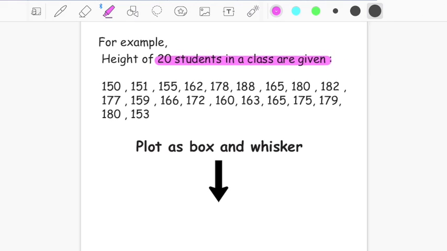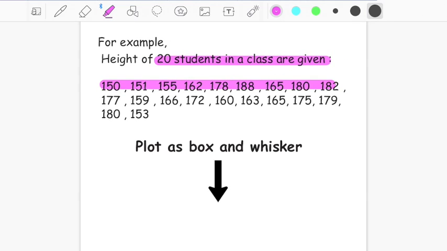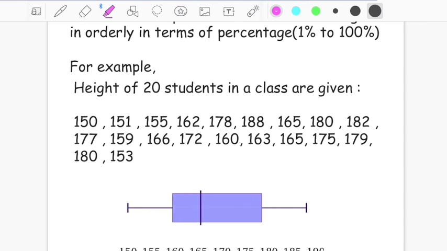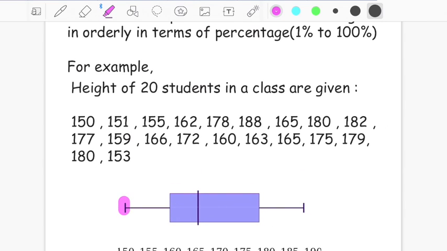Now what I'm going to do is plot all this data and make a box and whisker plot here. So you can see, this is the minimum value I have, and then I have the maximum value here.